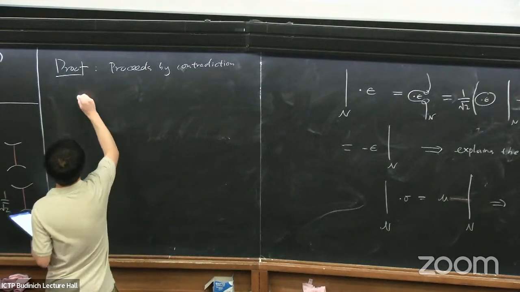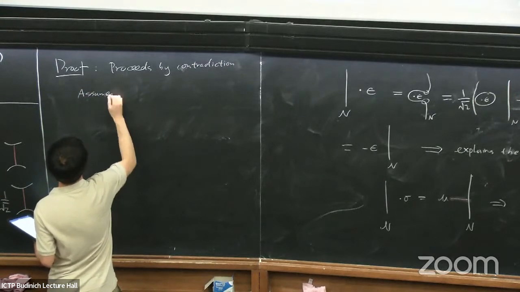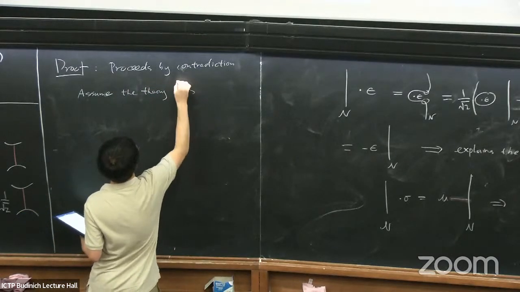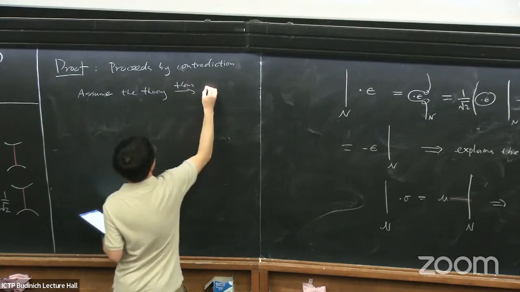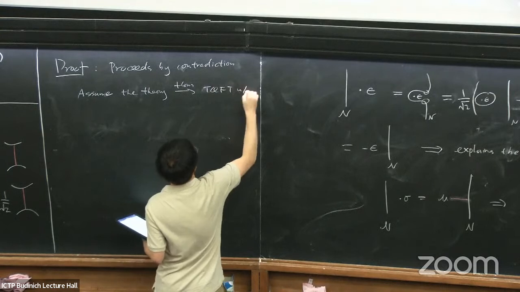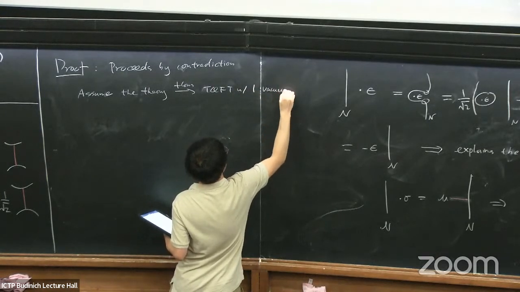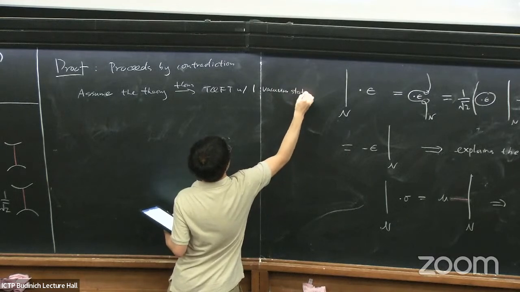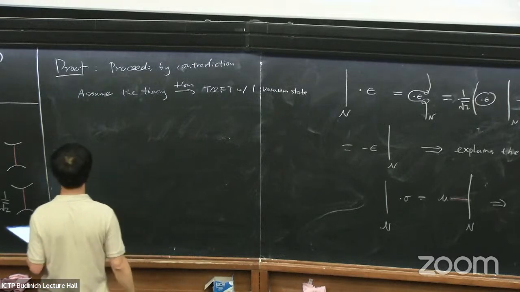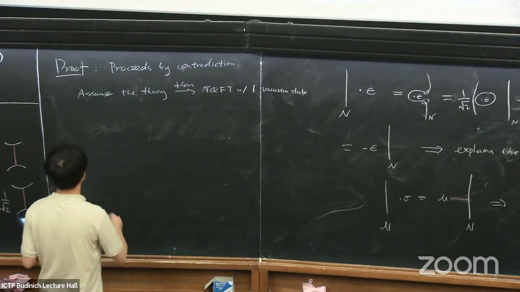Okay, so assume, because we're proving by contradiction, we assume the theory flows through a TQFT or a gapped phase with one vacuum state. Okay, meaning that there's only one operator of dimension 0, 0 in this TQFT. Okay, and while it preserves a topological defect L.